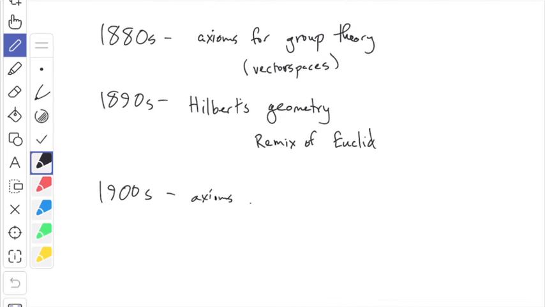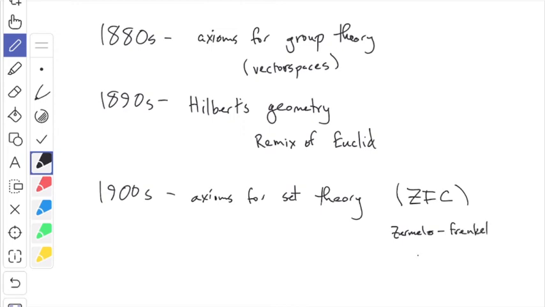But anyway, the most ambitious of these programs was axioms for set theory, and specifically what we now call ZFC, which stands for Zermelo-Fraenkel set theory. Nowadays, all of mathematics is done in the context of set theory, sets of things and functions between sets.